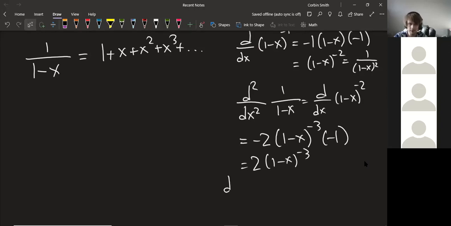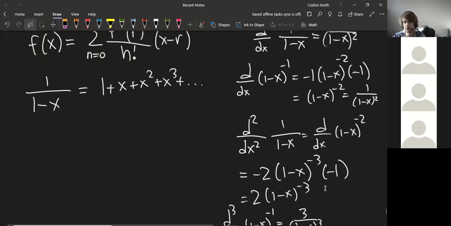And what's the triple derivative? 6 times 1 minus x to the negative 4th. All right. And what is the nth derivative? n factorial times 1 minus x to the negative n minus 1. Yeah. So that is, we said that was 6 over 1 minus x cubed.